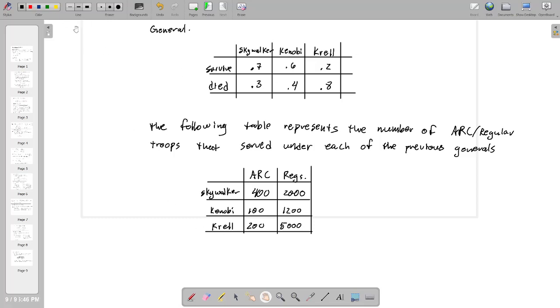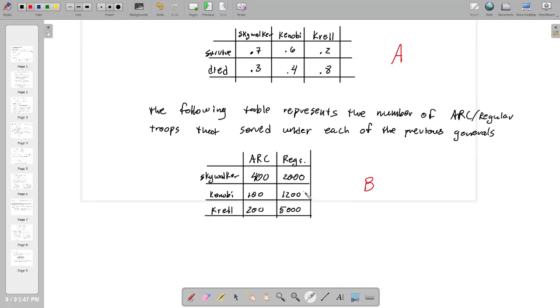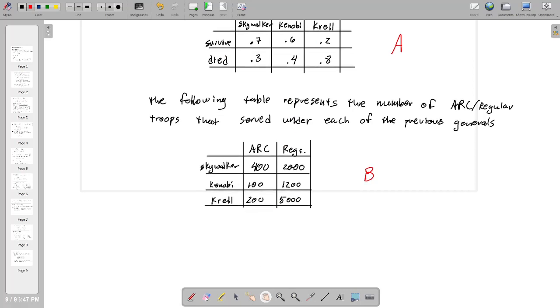Well, we can talk about this table up here as being a matrix A, and this table here being a matrix B. When we multiply these two, the Skywalker, Krell, and Kenobi aspect of these tables is going to go away. And we're going to see how many ARC troopers survived versus died and how many regs survived versus died just by having these two tables together.